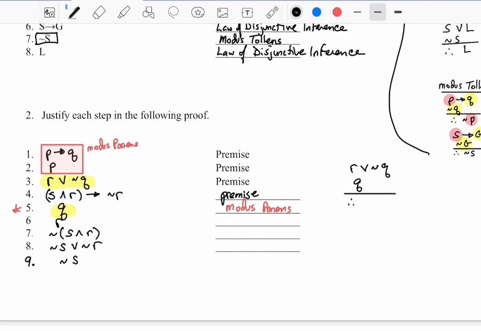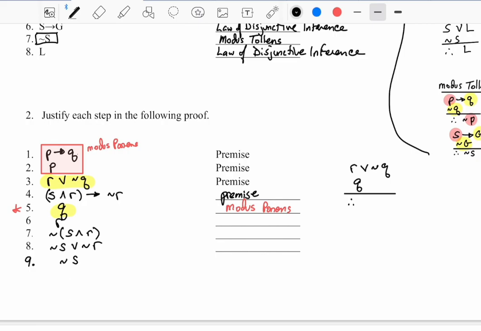So this is another application of disjunctive inference, which is the concept of canceling. If I tell you that you are going to wash the dishes or you are not going out tonight, and then I say, well, you can go out tonight, the reasonable conclusion is that you must have washed the dishes.